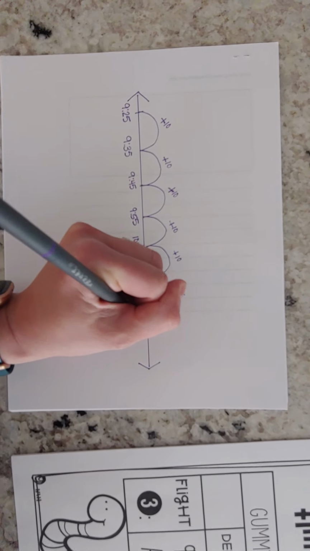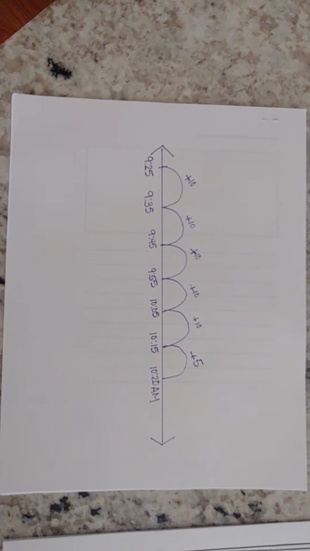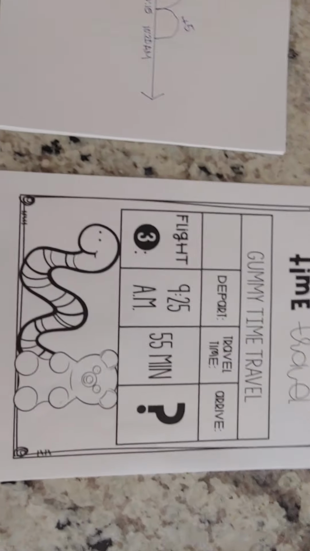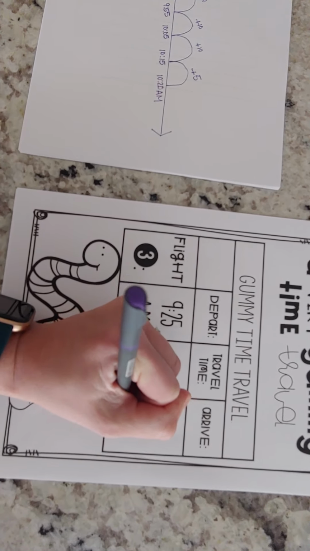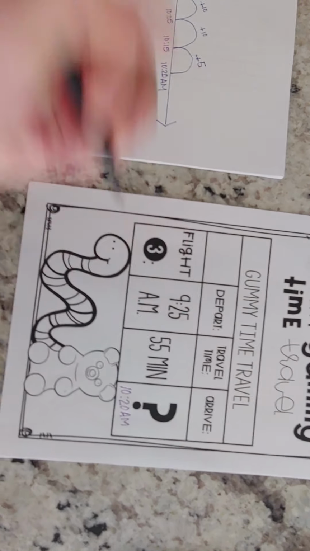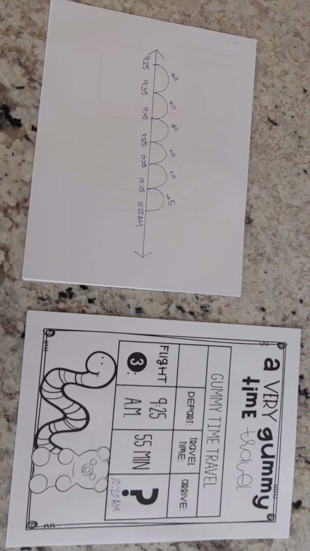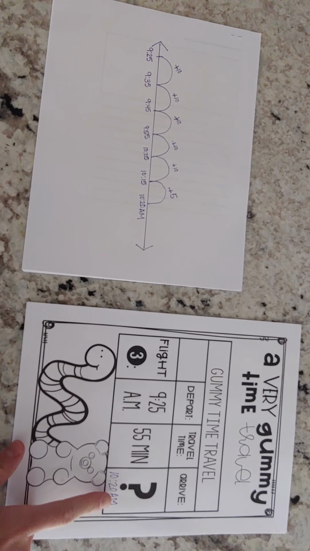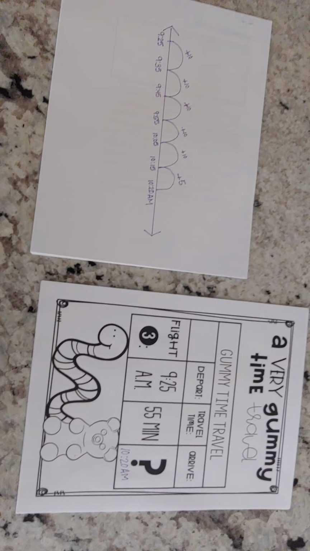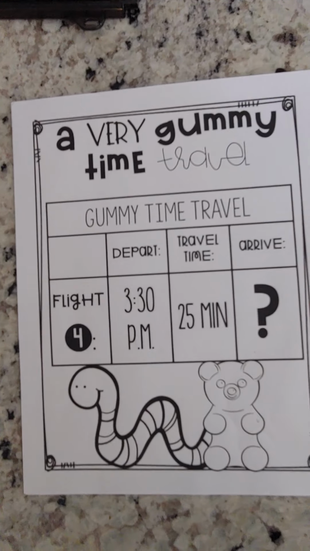And it will be a.m. Okay, so the answer to my first problem, to number 3, will be 10:20 a.m. And I'm actually going to put up a video on maybe tomorrow, maybe Friday, about the difference of AM and PM if you do not know. It will be very helpful to watch.